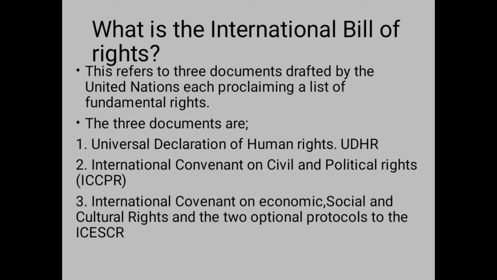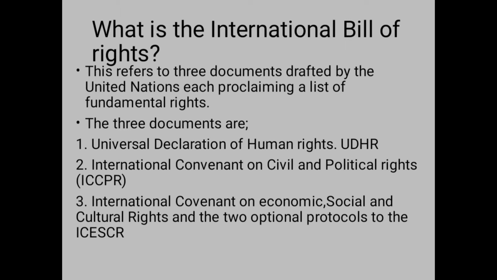This was adopted in 1966. The third one is the International Covenant on Economic, Social and Cultural Rights, ICESCR. These are the three documents that make up the International Bill of Rights.